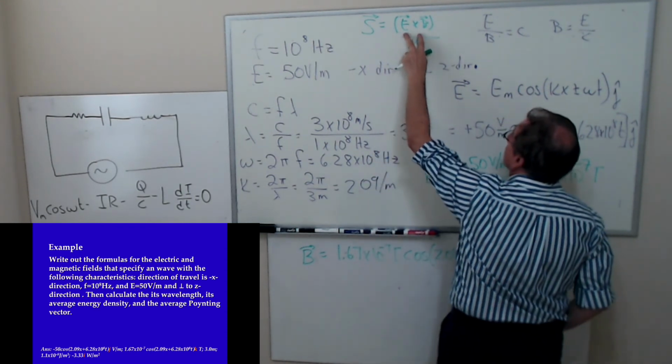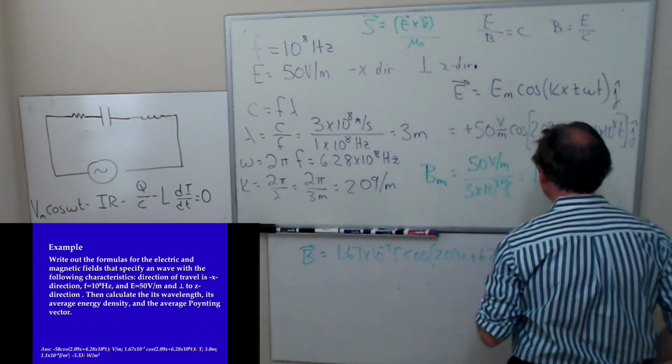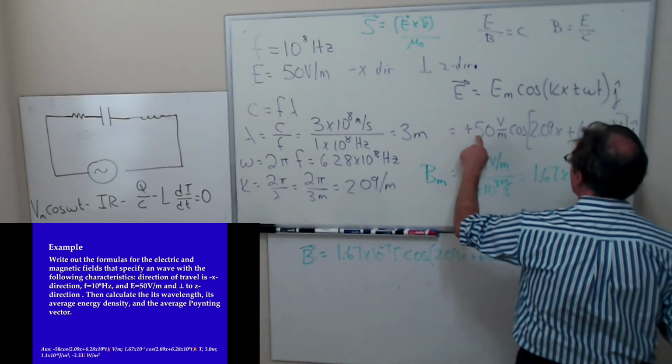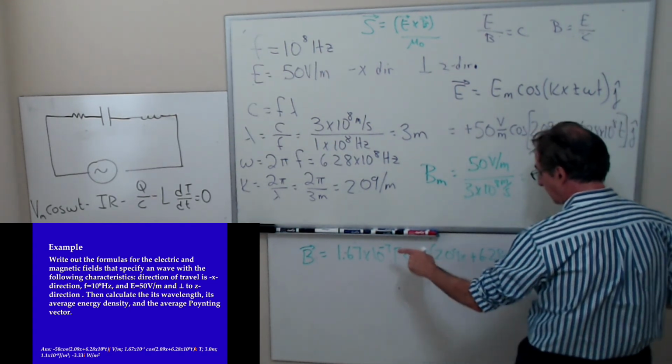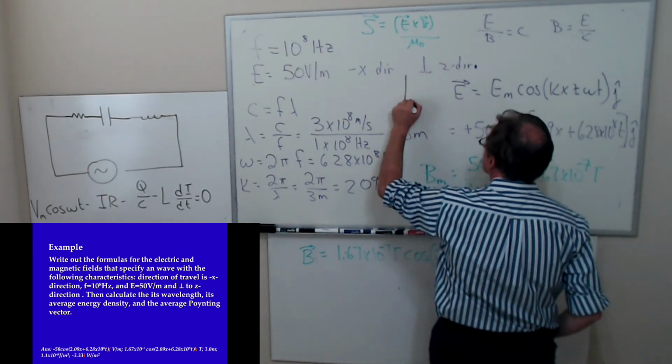So the direction of this is in the direction of travel. So let me draw a right-handed coordinate system. If I choose a plus sign here, I got to be careful with the sign here.